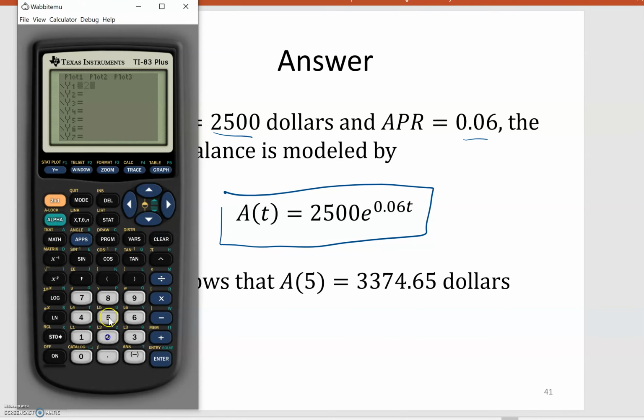We'll type in 2,500 second e to the x, 0.06 x. I think I got a little crazy with my parentheses. I didn't really need this one. That is sufficient right there. And then we will just evaluate the model at 5.